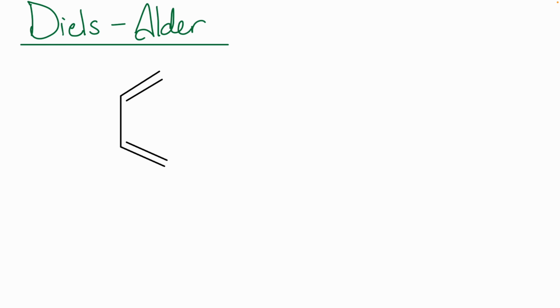A Diels-Alder reaction takes place between a conjugated diene, specifically in that S-cis conformation, and the other reactant is what we call a dienophile.